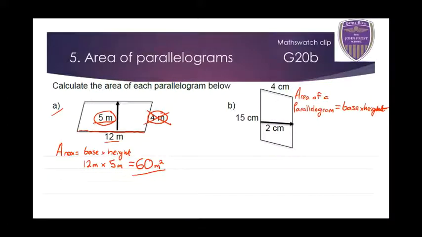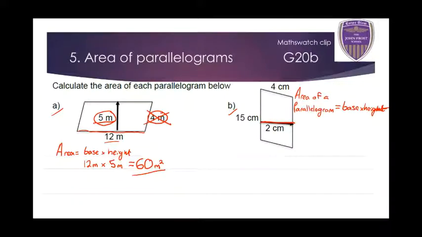Now, let's have a look at the second one now. So we've got question B here. So this one's a little bit trickier because the parallelogram seems to have been turned around a bit. But actually, even though this shape has been rotated 90 degrees, we could still call this distance the base because it is a straight line going across.